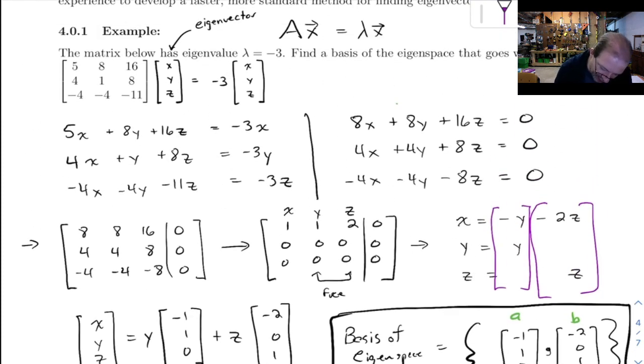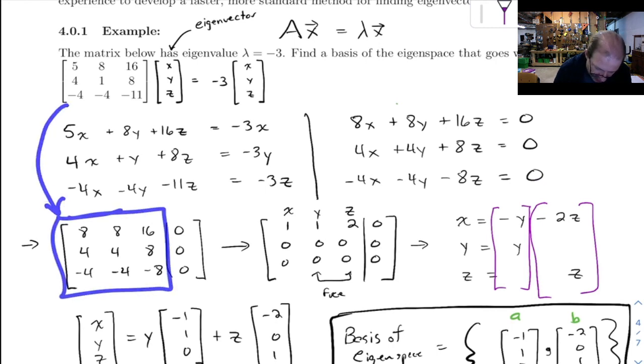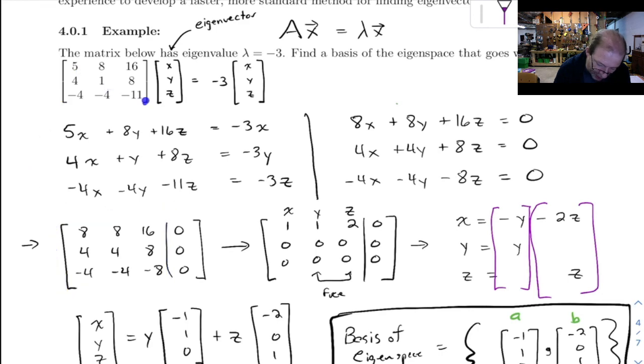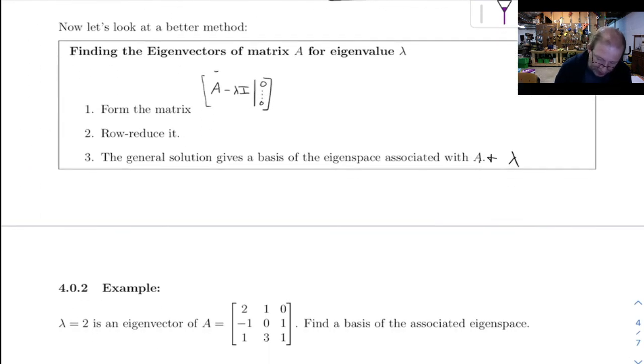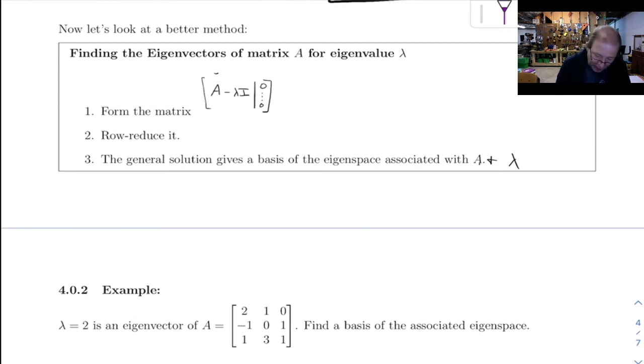If you look at it, that's exactly what we have right here. That's starting with this and subtracting the eigenvalue -3 off of the main diagonal, so this turned into 8, 4, and -8. That's exactly what we did up above. Then row reduce it and find the general solution. We'll do some more examples of this in the next video.